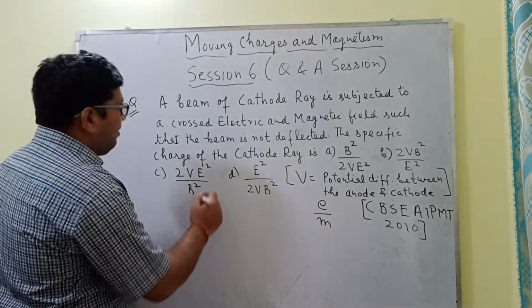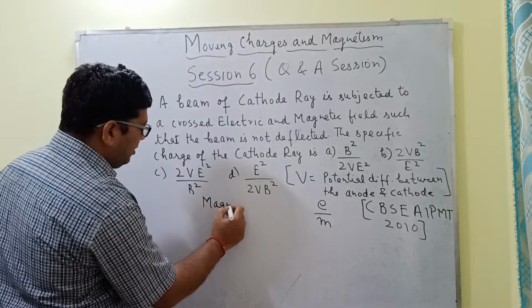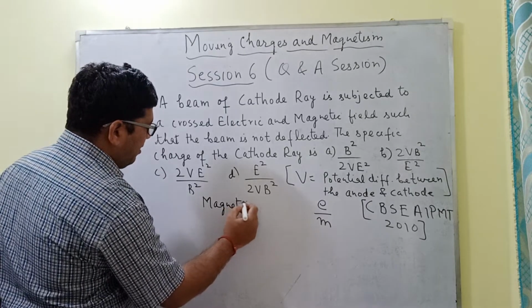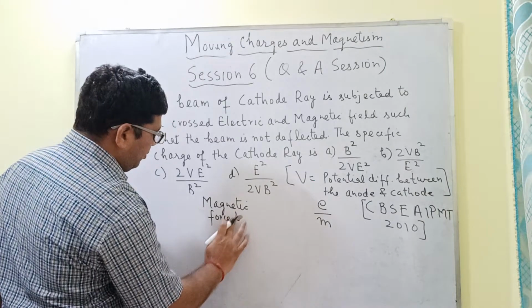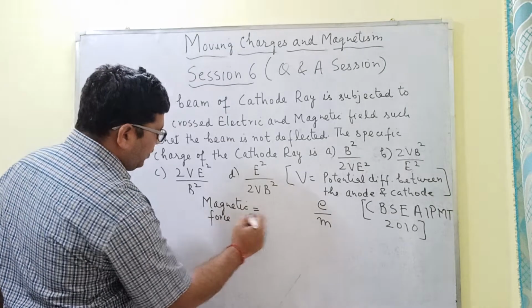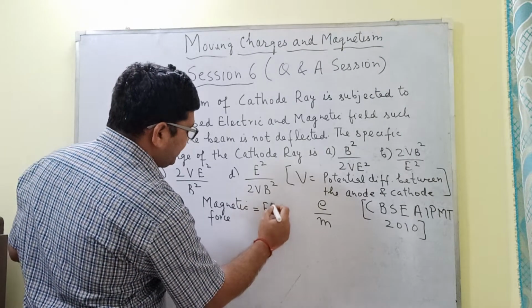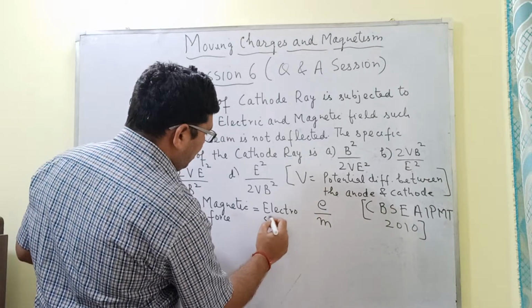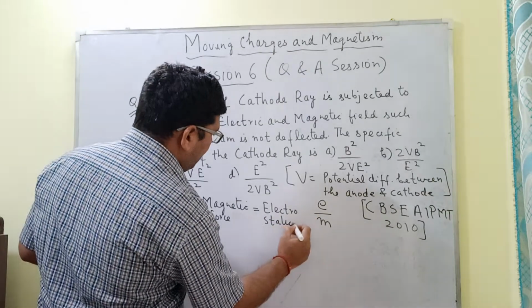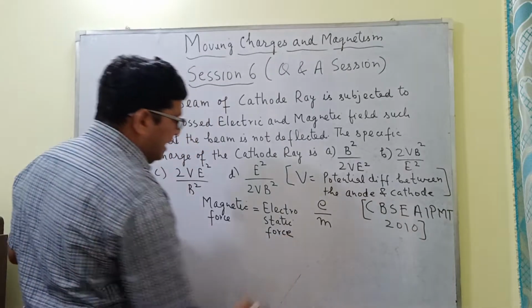So, the magnetic force due to the magnetic field will be equal to the electrostatic force due to the electric field.